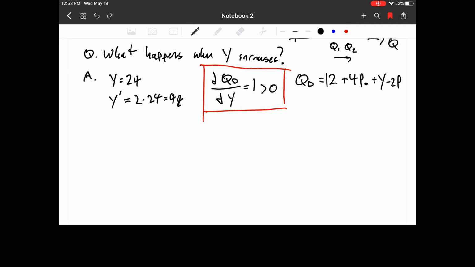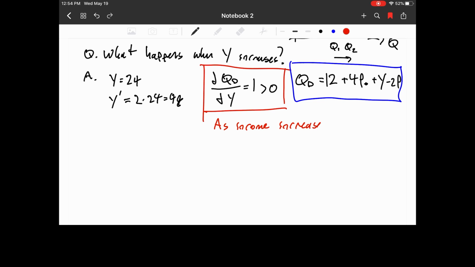And the interpretation here is as income increases, quantity demanded also increases.